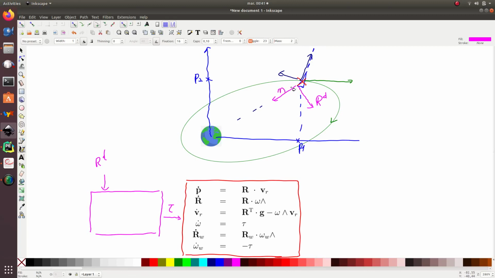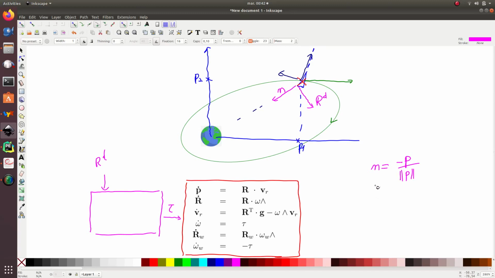Okay, so for this I will build the unit vector. I will call it n, and n corresponds to minus p, the position, divided by the norm of p, so that it is a unit vector, like this, oriented to the center of the Earth.